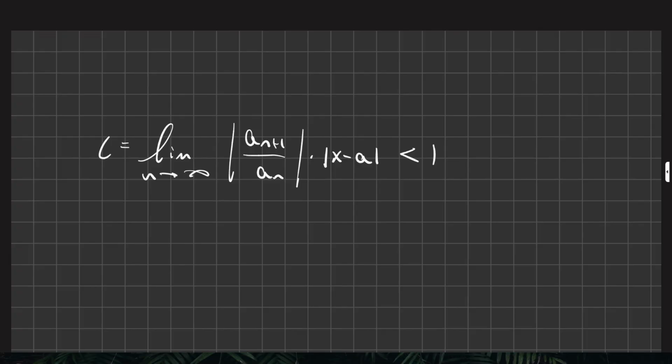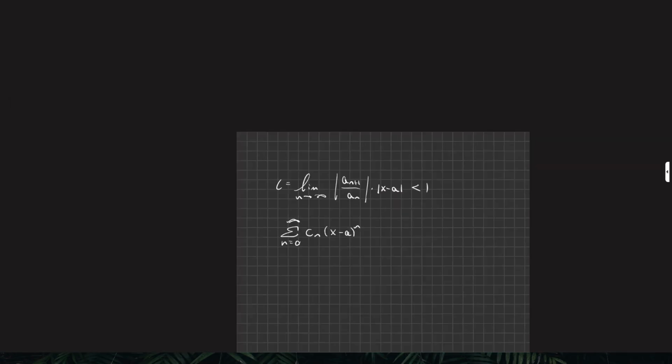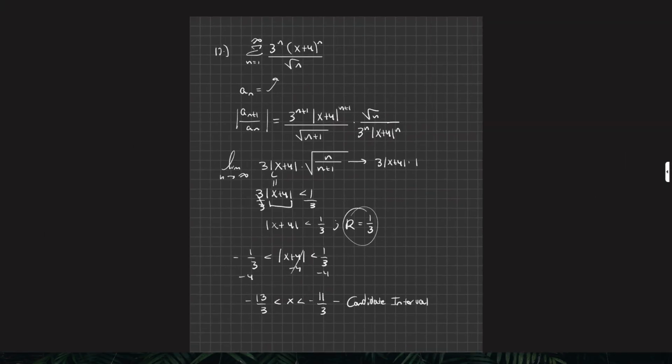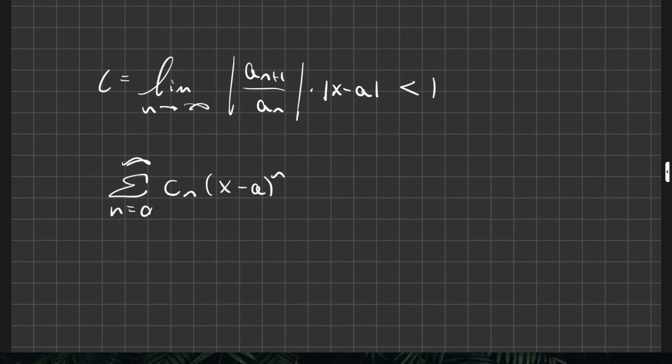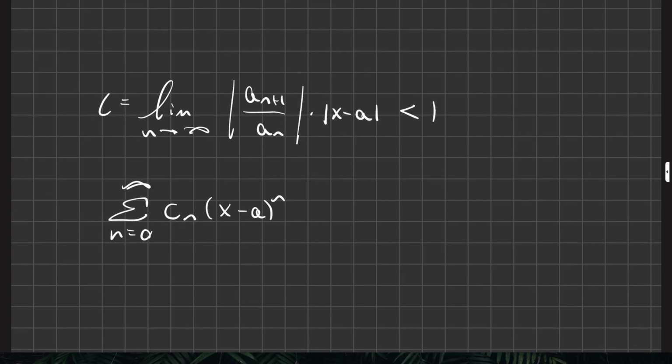And this x minus a comes from the general form of our power series, which if we go back and look, our series is in this form. It's just sort of hidden. And in this case, our a was minus 4 because we had x plus 4 to the n.